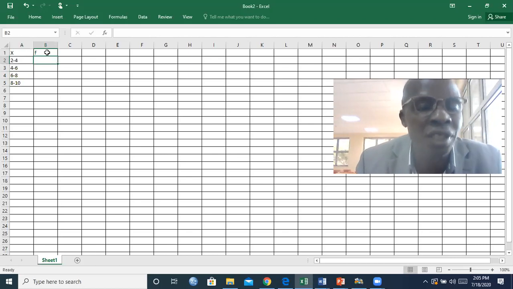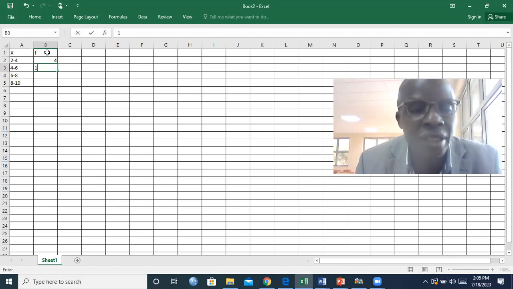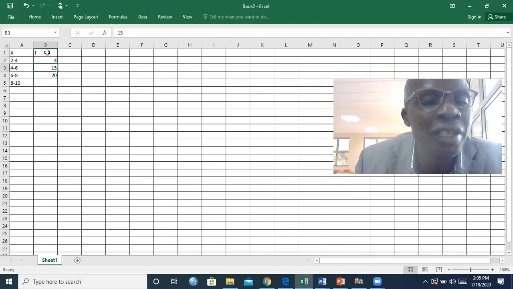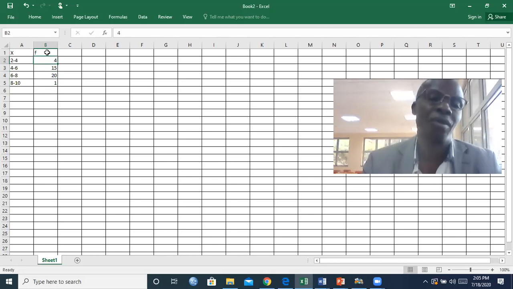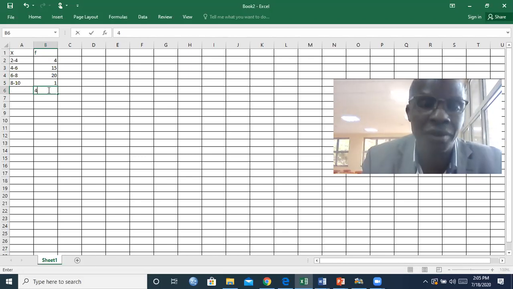Suppose this one is about 4, this one 15, this one 20, that gives us 39, and here 1. That gives us 40. So write this somewhere quickly: sigma F equals 40.